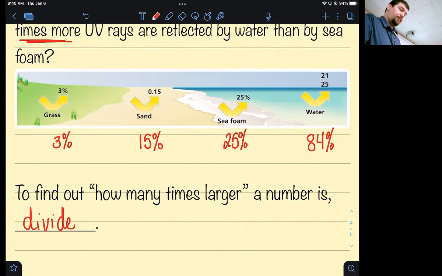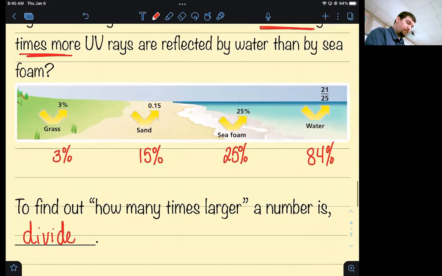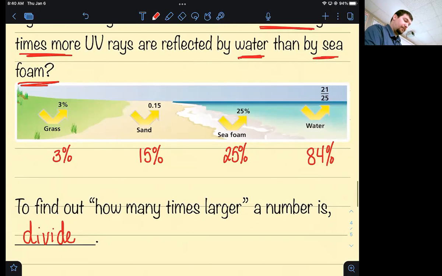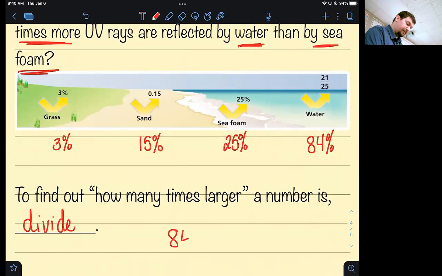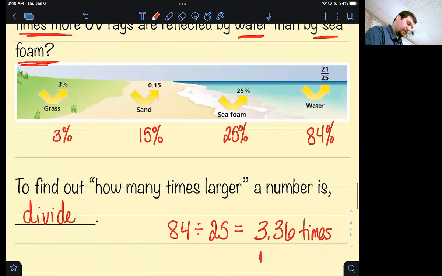Yeah, Frank? What do you got here? So we're dividing the water by the seafoam, right? So what's 84 divided by 25? So 3.36 times more UV rays.